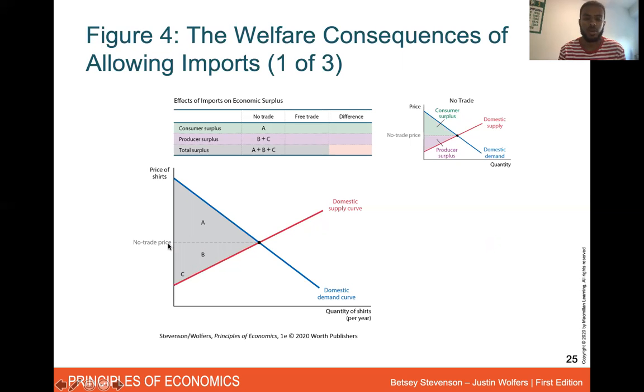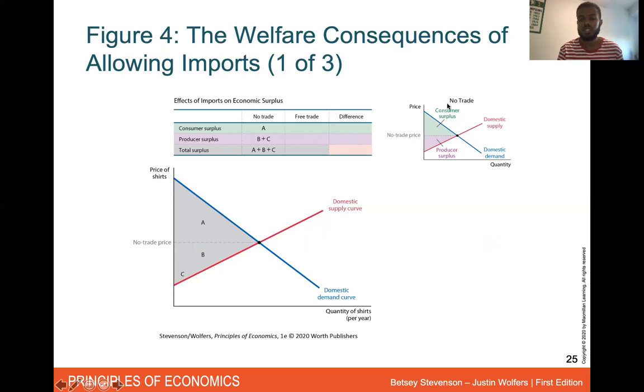And the triangle B and C is the producer surplus, what they enjoyed when there were no imports. And this entire triangle represents the total surplus enjoyed in this economy.